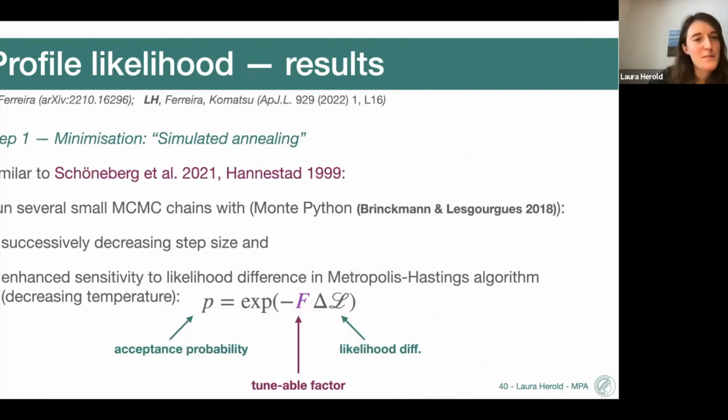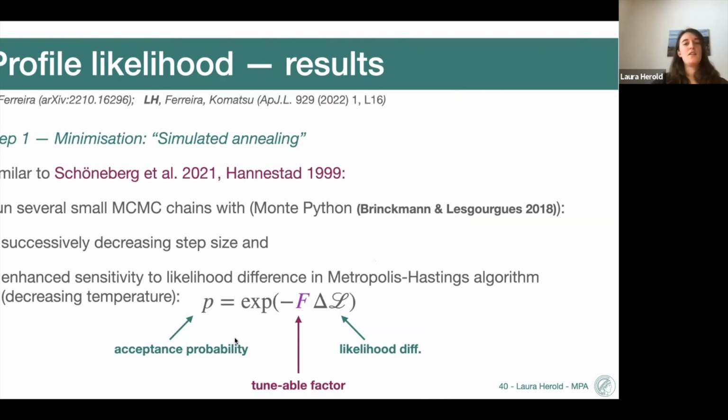For the first step, as I already mentioned before the talk, we use the simulated annealing-like technique, which was already used in the H0 Olympics paper. For that, we run several small MCMC chains with Monte Python essentially, with successively decreasing step size and successively enhanced sensitivity to the likelihood difference in the Metropolis-Hastings algorithm.